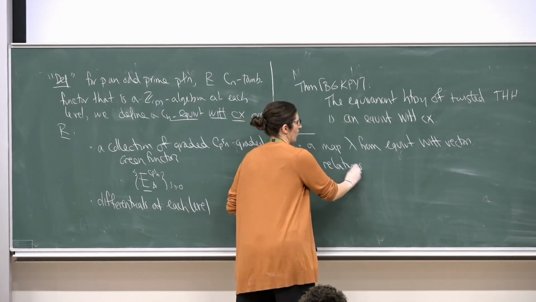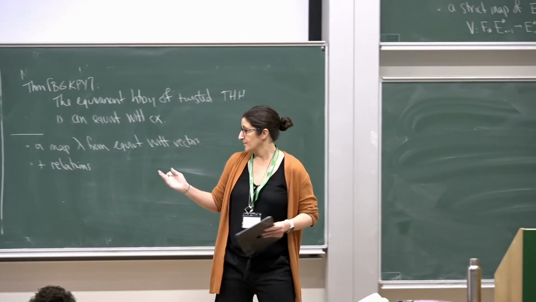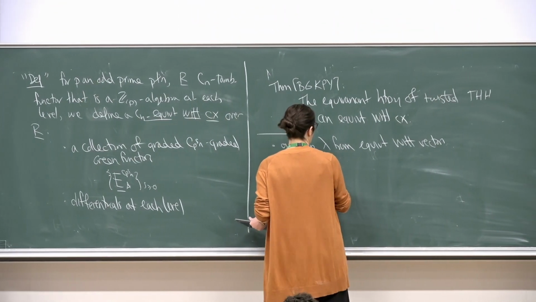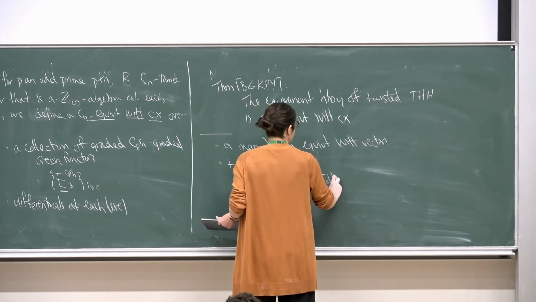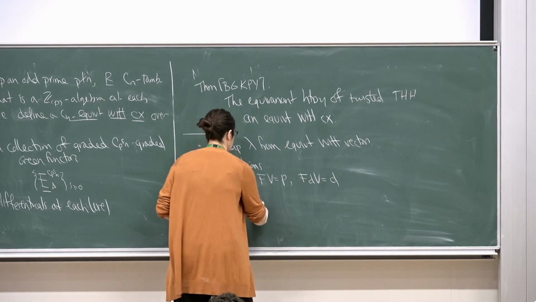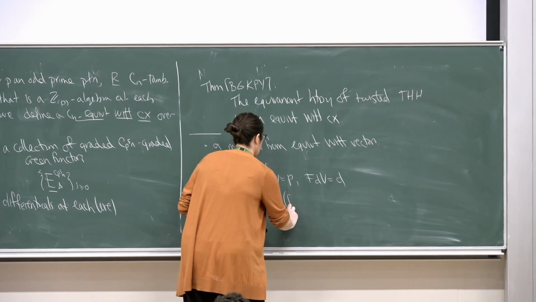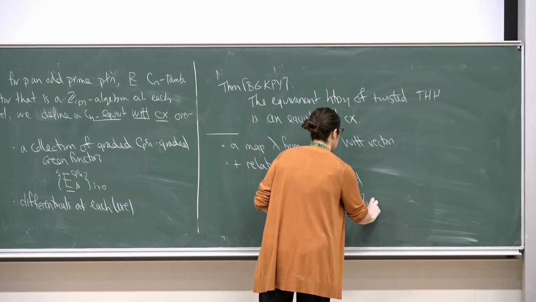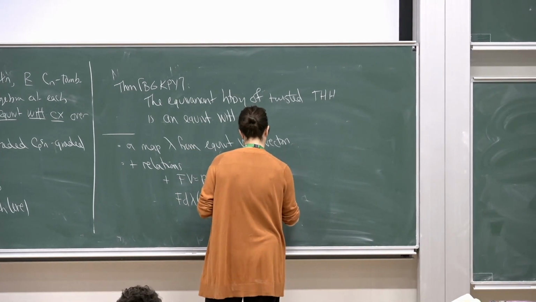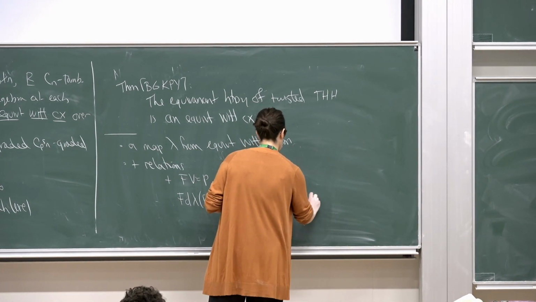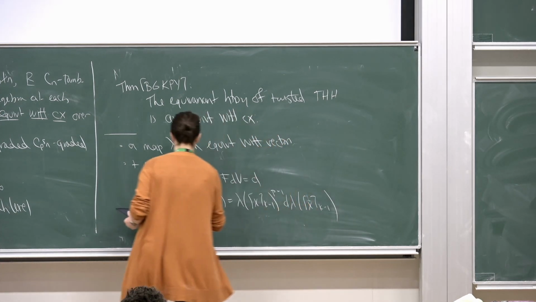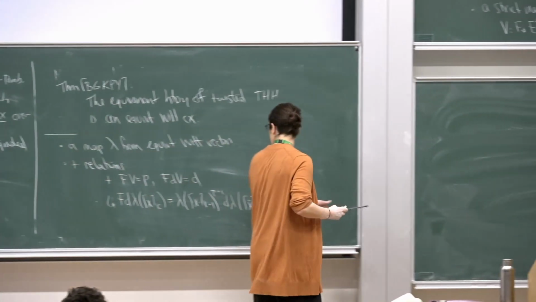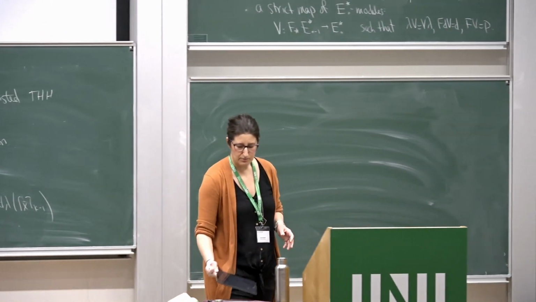A lot of the relations are about how the lambda interacts with the R and the F and the V. I'm not going to write all those, but the relations include FV equals p, FDV equals d, and then this complicated one that we had with our multiplicative lifts, the same complicated relation that we had in the non-equivariant setting we have here as well. You have to put some restriction here if you really trace it through to make this make sense.